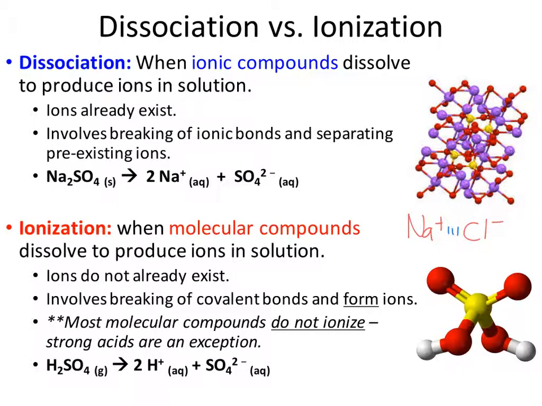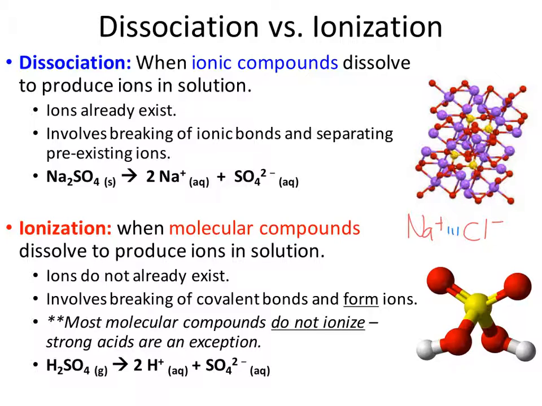When we talk about ionization, we talk about creating ions that did not previously exist. For example, when we look at this acid over here, which is sulfuric acid, we have a hydrogen bonded to an oxygen, to a sulfur, doubly bonded. All of these bonds are covalent bonds, which means that they're sharing electrons evenly in these bonds here. So 2 electrons here, 2, 2, 2, 4, and 4.